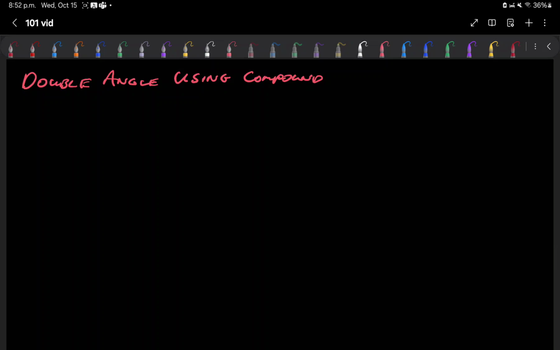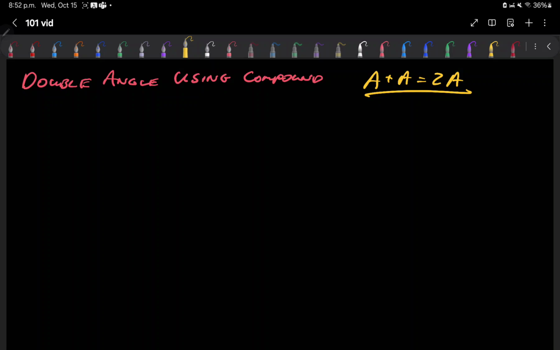All right, so we're going to move on to our double angles. Hopefully we can keep this video short enough. We are going to use our compound angle identities, and instead of A plus B, we're going to use A plus A, because obviously A plus A is equal to 2A. Knowing this, we're going to find our double angle identities using our compound angle.